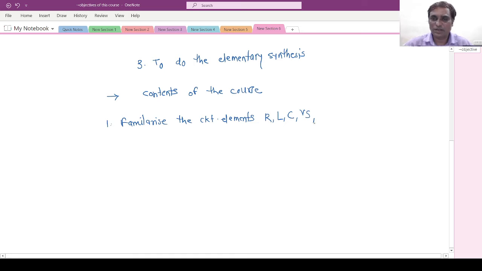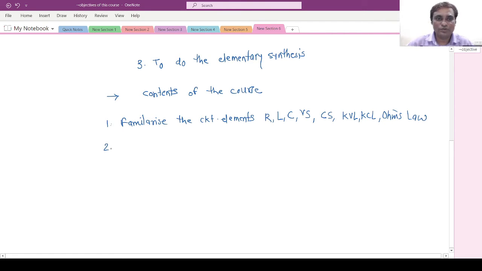Again we will have a look at voltage source, current source, and we will have a review of basic laws, that is Kirchhoff's voltage law, Kirchhoff's current law, and Ohm's law also.